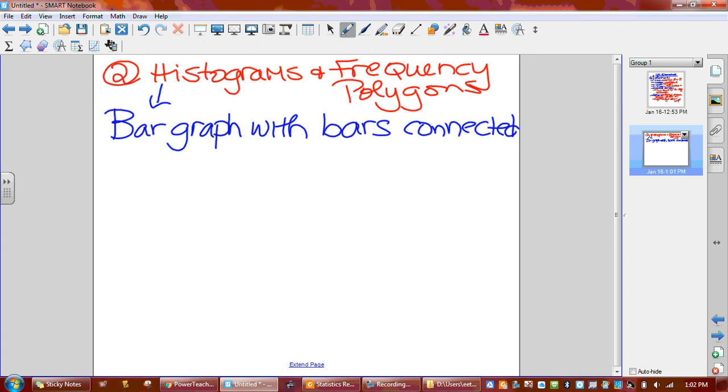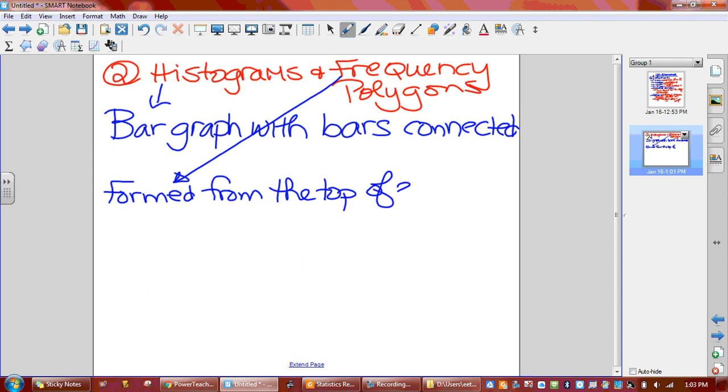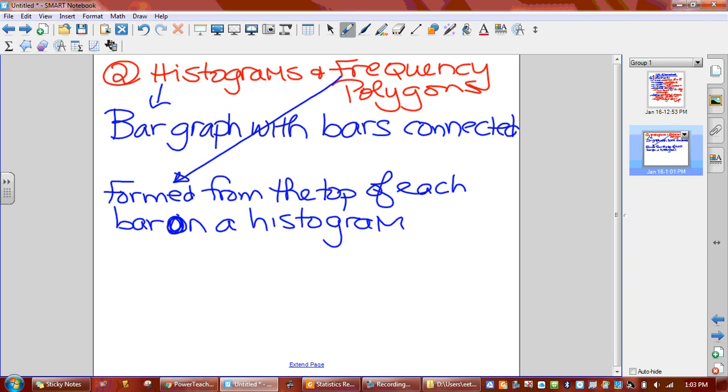Good. So the frequency polygons are formed from the top of each bar on a histogram. So here's my histogram.